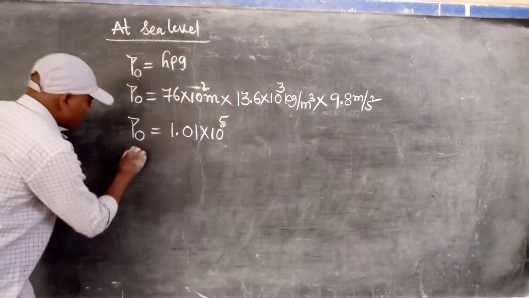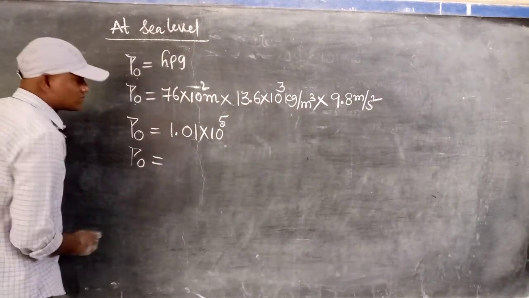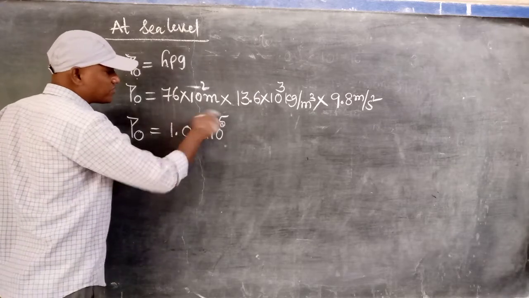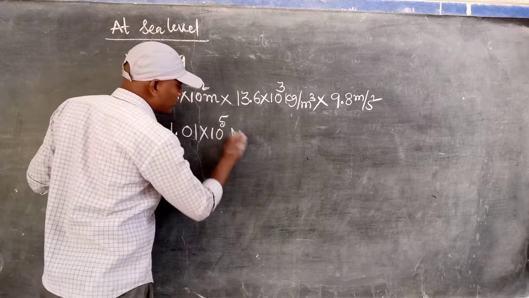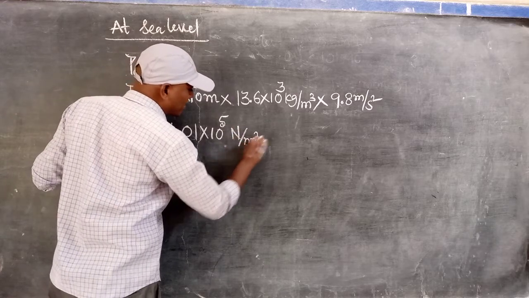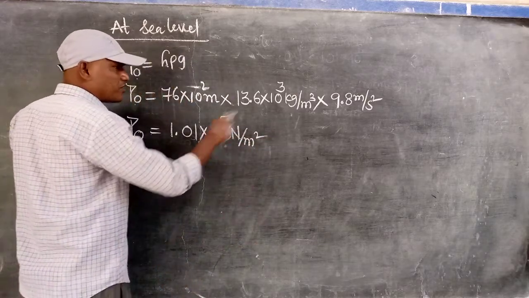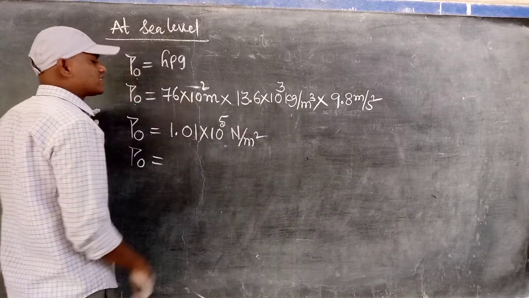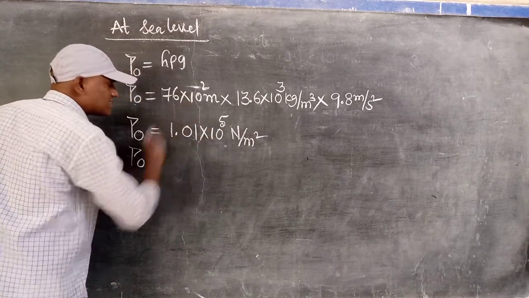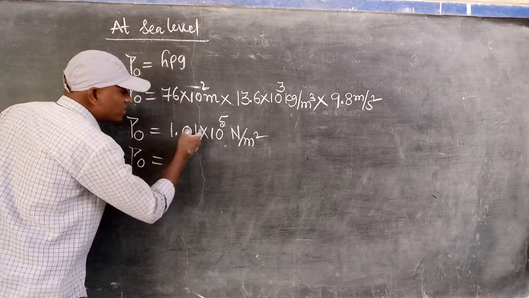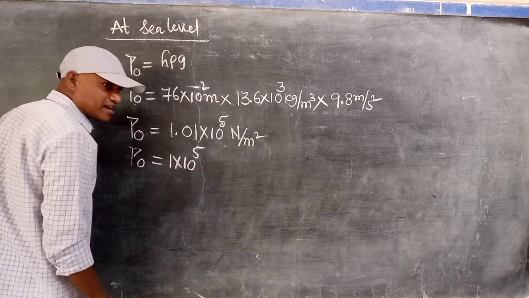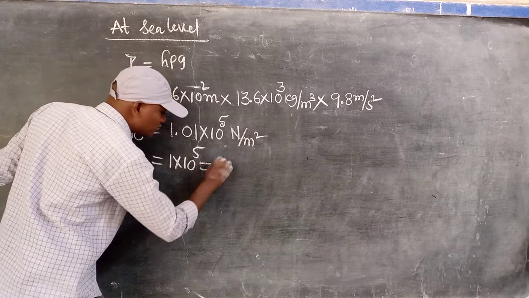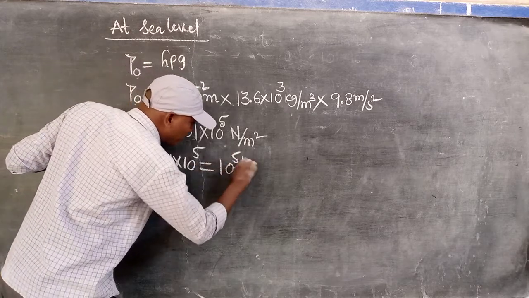So P naught is equal to 1.01 into 10 power 5. What is the unit of this? Newton per meter square. 1 Newton per meter square is 1 Pascal. Simply we can write 1.01 as 1, so it is 10 power 5 Pascal.